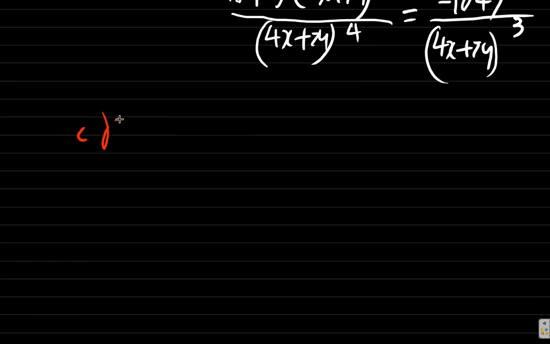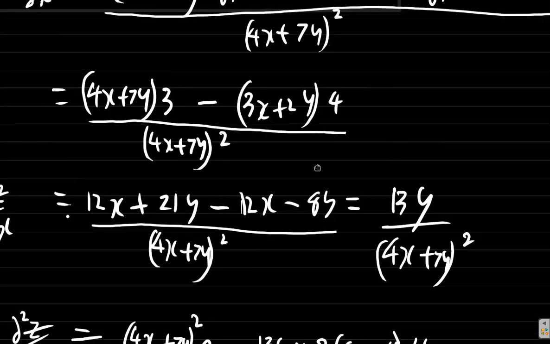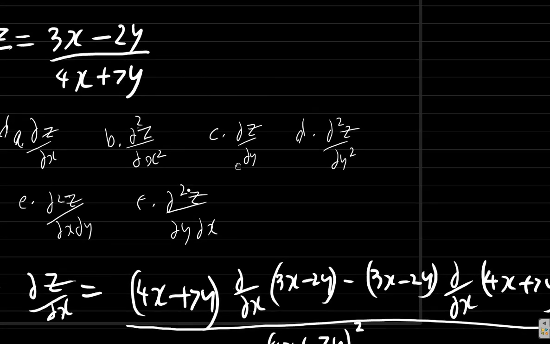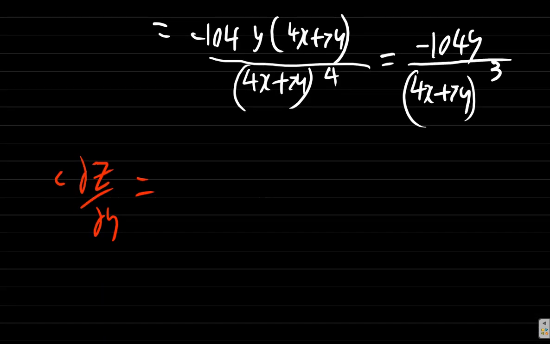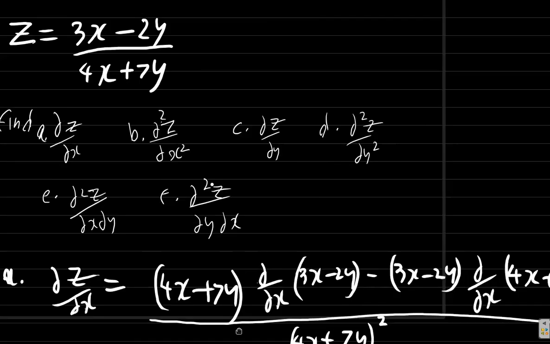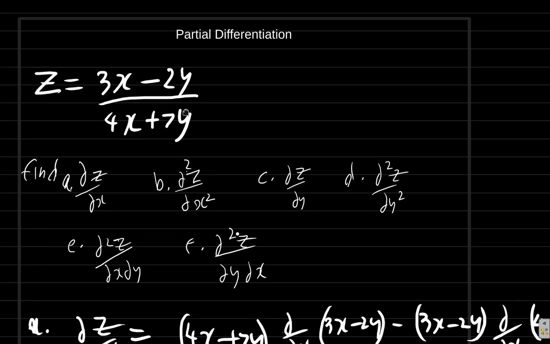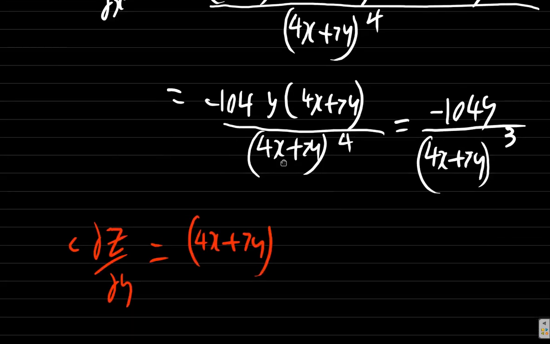Part C, ∂z/∂y, would be what now? So hold the bottom, 4x plus 7y, as it is, times, differentiate the top. When you differentiate this with respect to y, we get negative 2.